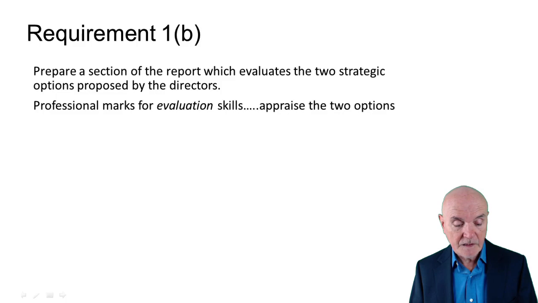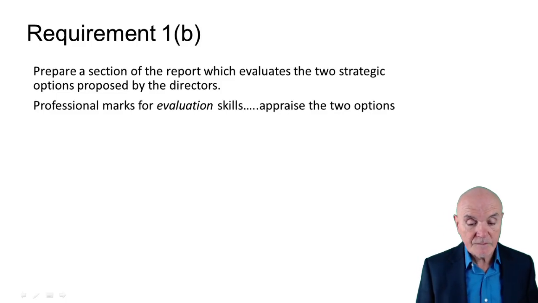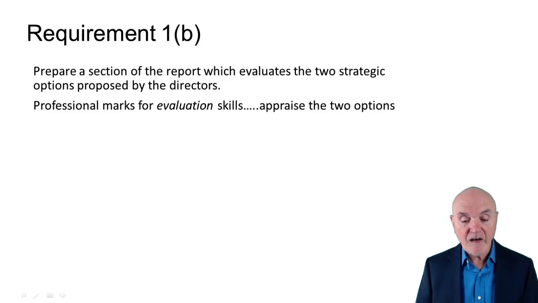And then the services director is very keen on winning more government sector work. So those are the 2 strategic options, and we have to evaluate, appraise, the 2 options.